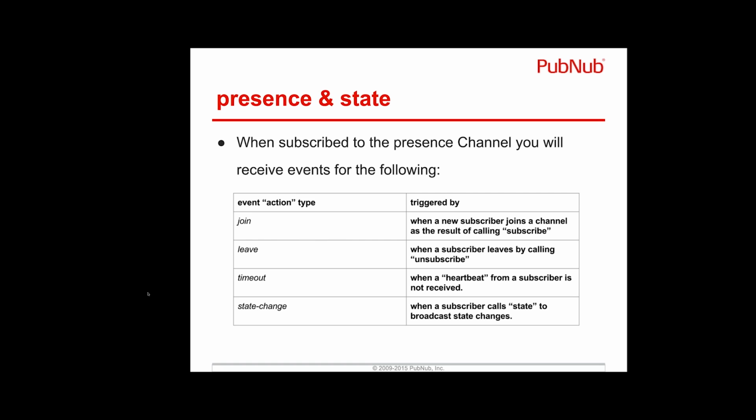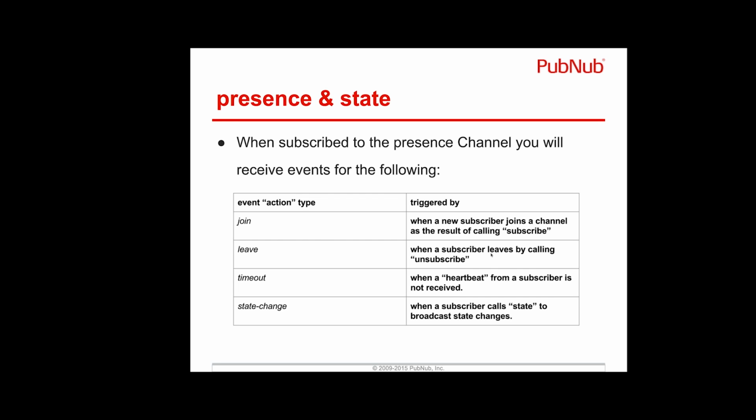The UUID is what you're going to use to uniquely identify a given instance of the application across the PubNub infrastructure. Okay. Leave. Leave is when a user unsubscribes from a channel, and I have to stress that. You won't get a leave event if you don't call unsubscribe. So when a user exits out of your app or your onPause occurs within Android, you're going to want to ensure that you unsubscribe from a channel. What will happen when you unsubscribe is the presence API will trigger a leave event, and then everybody else on the channel will know that you've left that channel.